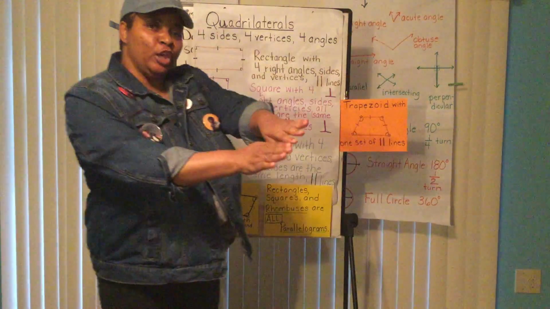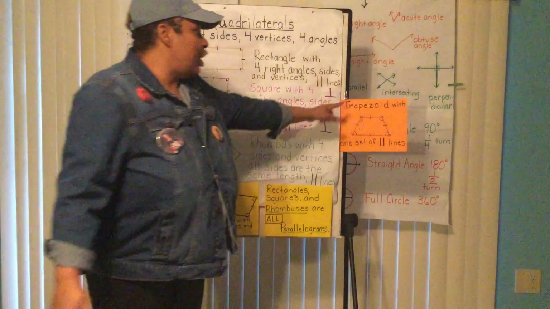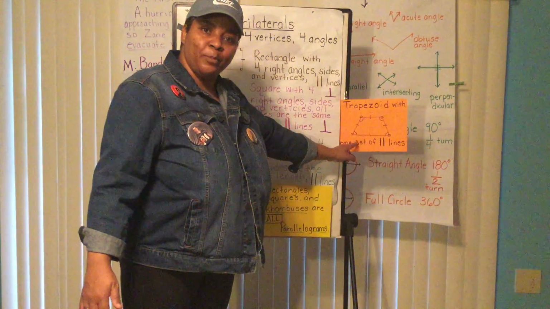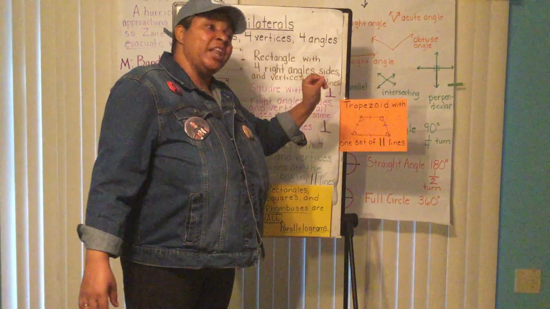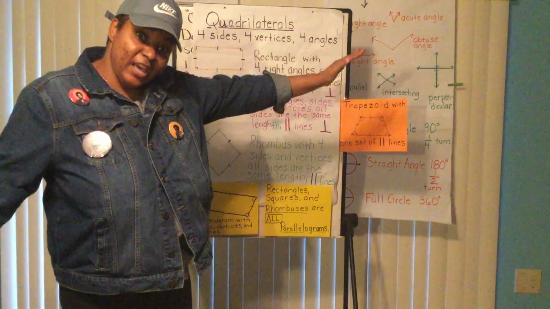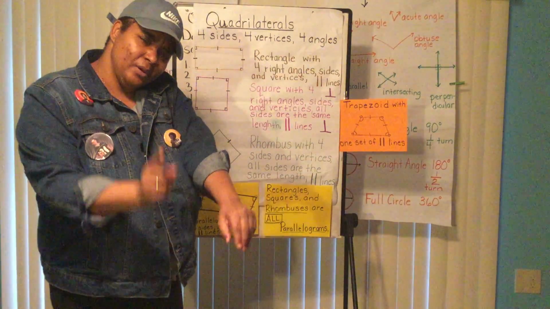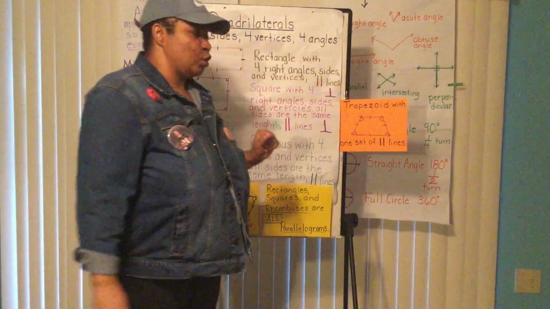So it wouldn't be acute, it would be obtuse, right? And I don't see any letter L's, any perfect square corners. So on some of these quadrilaterals we found obtuse angles and acute. Making sense? Now let's go on to describe this trapezoid a little bit more.